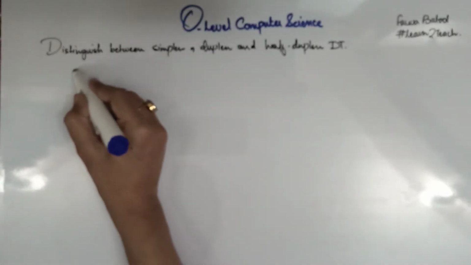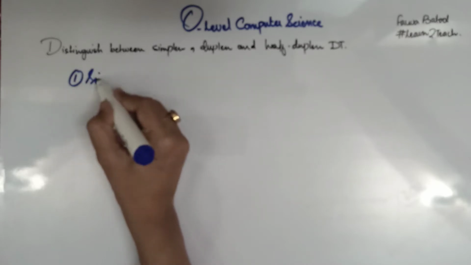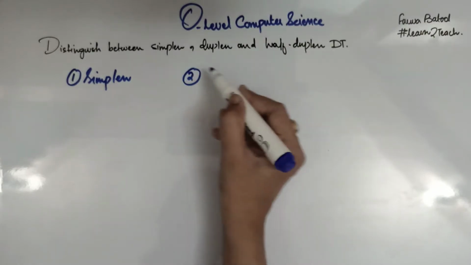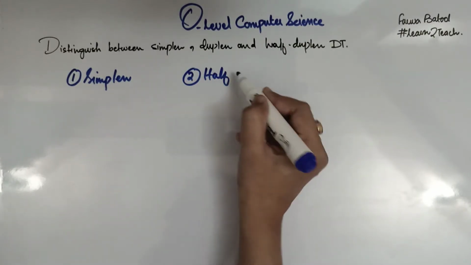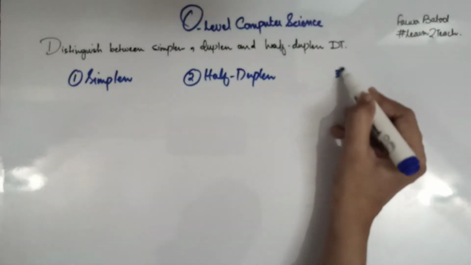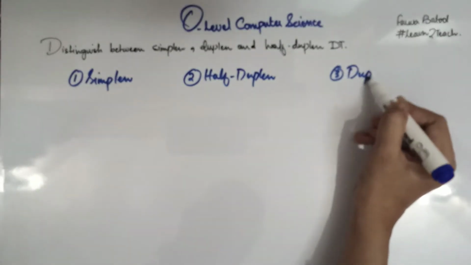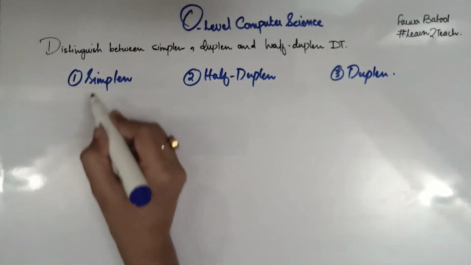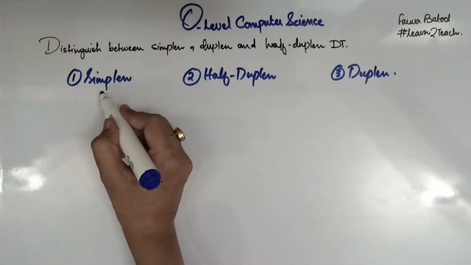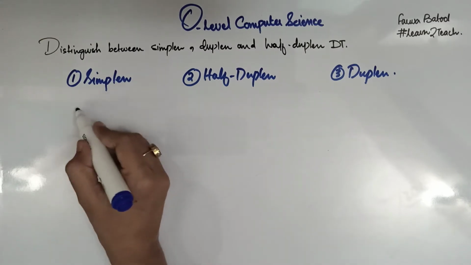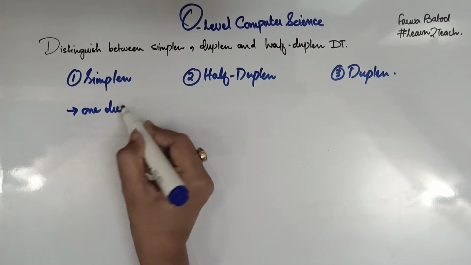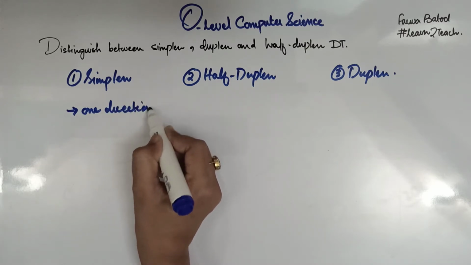Okay, the very first is the simplex data transmission. Then we have half-duplex, right? The third one is the duplex data transmission. So let's see these one by one. In simplex data transmission, you only have one direction to transmit the data. What does it mean?